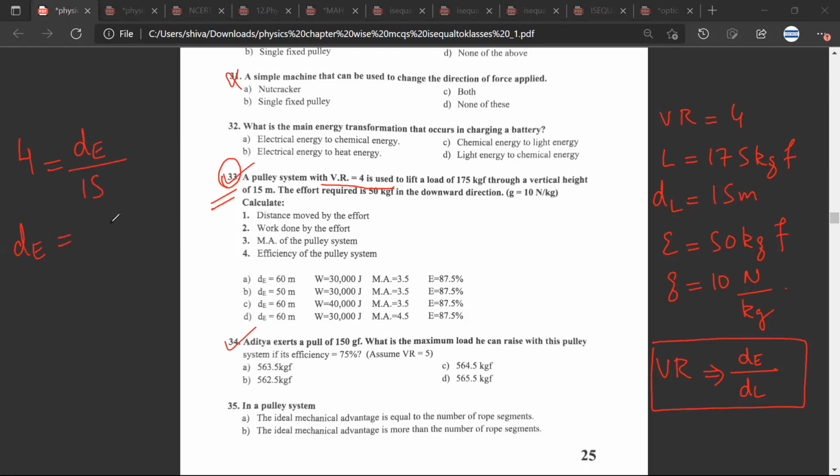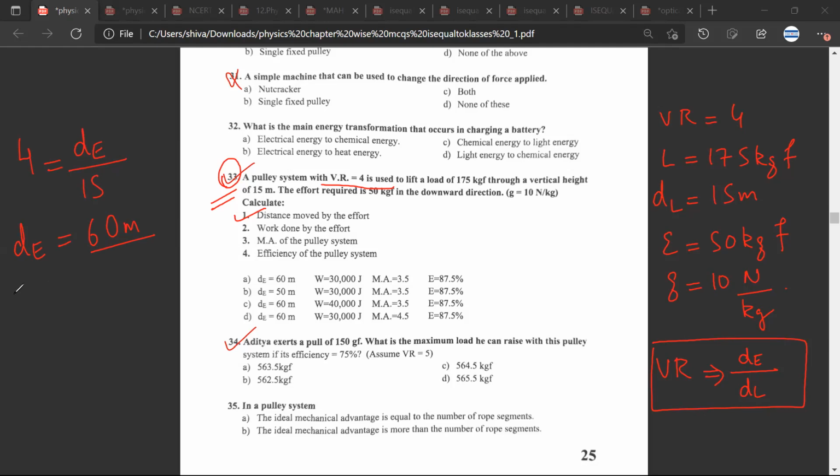So dE would be 4 times 15, which is 60 meter. So the distance moved by effort would be 60 meter.